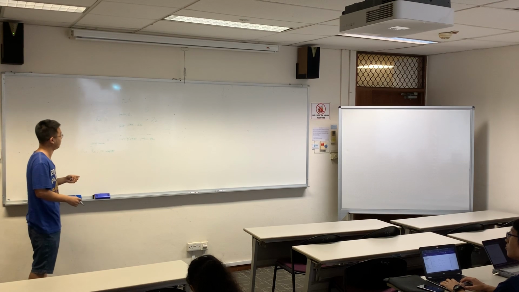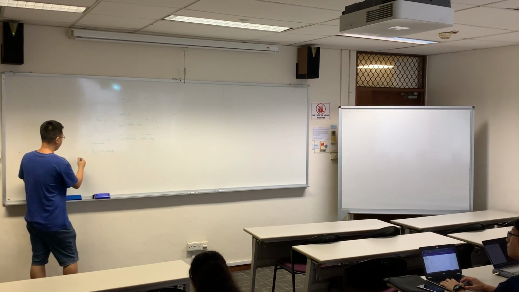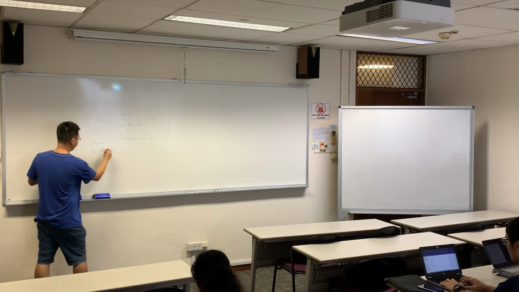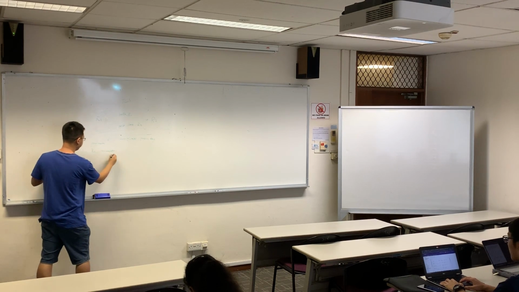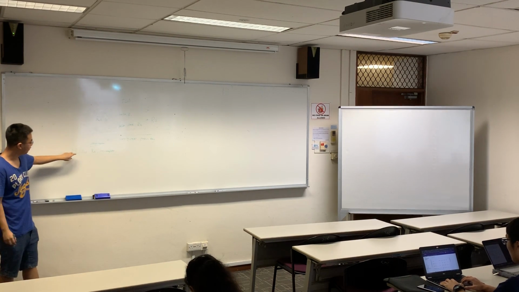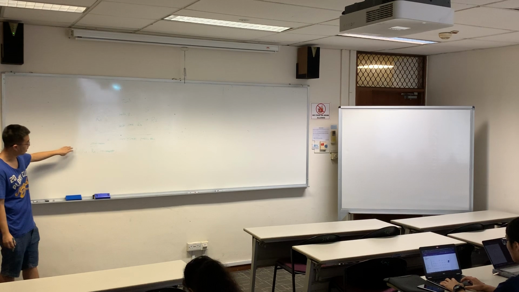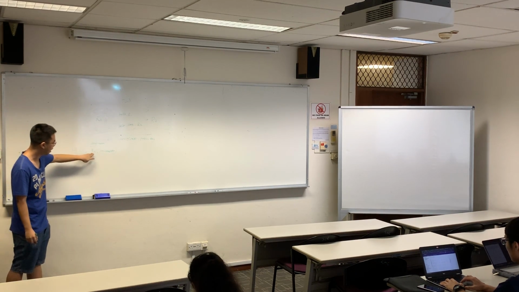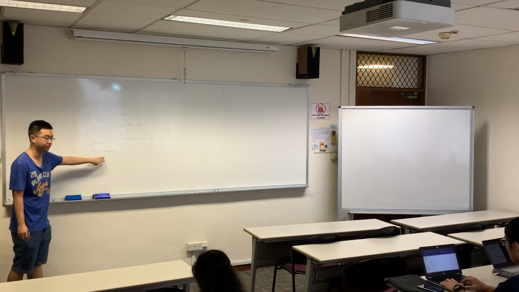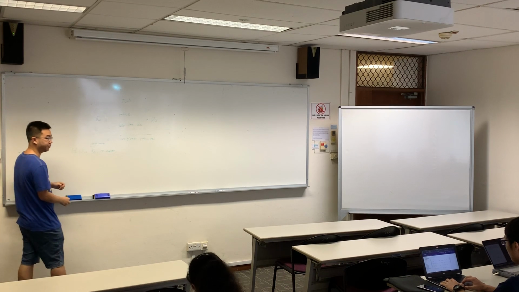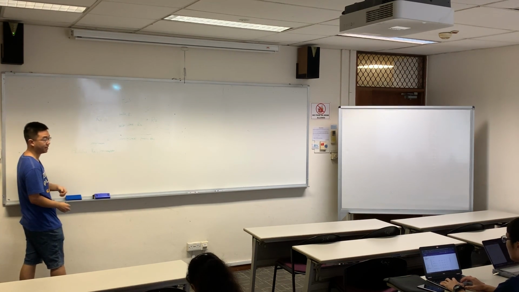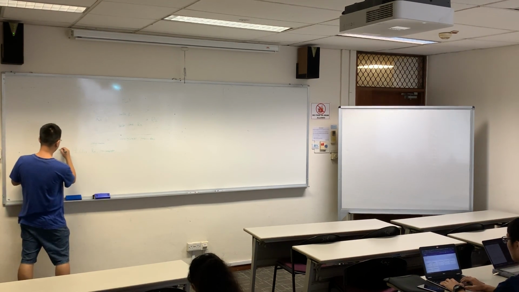So how does the client generate the session key? Actually, you can use a simple hash function. The client will input R1, R2, and the pre-master, and then it gets a hash value, and this hash value will be considered as the session key.